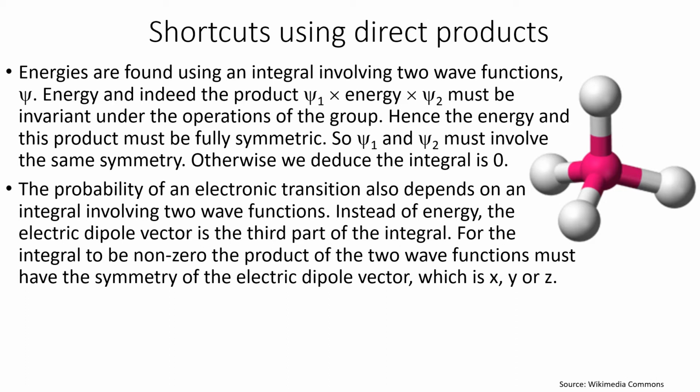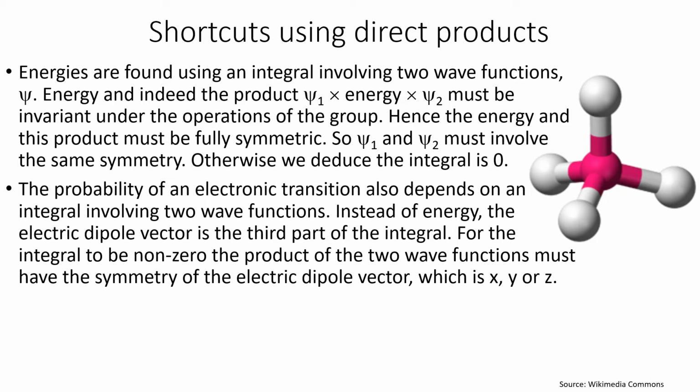Because if they have the same parity, when you take the product of those two, you would have G as the result, even parity. And then when that's multiplied by the operator U parity, it would end up giving you a final product which is U, odd parity. And then when that integral is done, it will all come to 0.